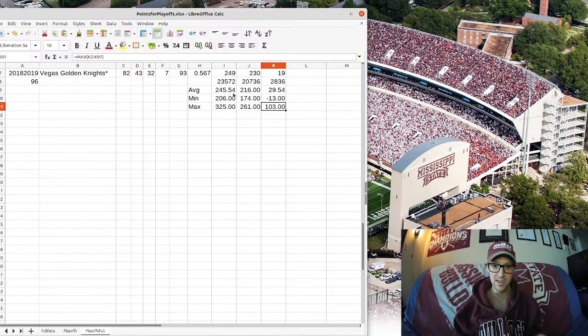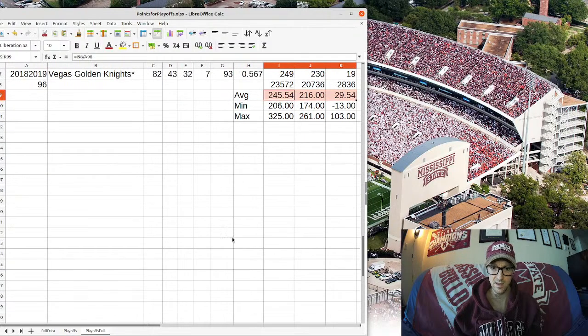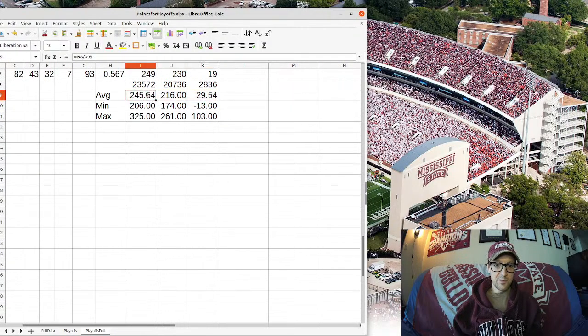So the average goals for, is that big enough? I think so. I'll make it a bit bigger. So the average goals for per season necessary to make the playoffs was 245 goals for.